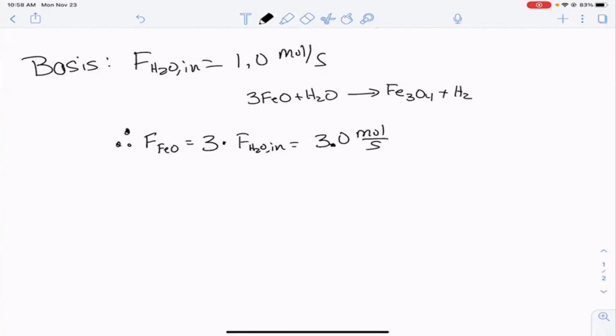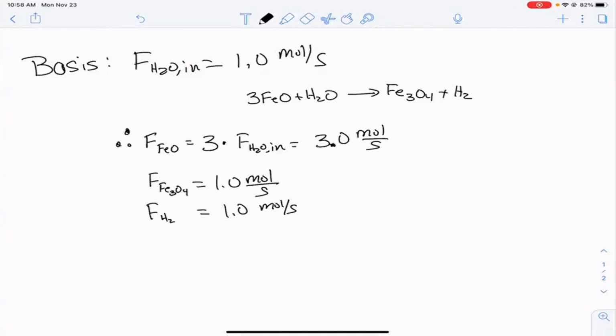And so, therefore, we also know that the molar flow rate of Fe3O4 is equal to 1 mole per second. And we know that the flow rate of hydrogen is equal to 1 mole per second. And so just using the reaction stoichiometry, we now have almost all of the flow rates.